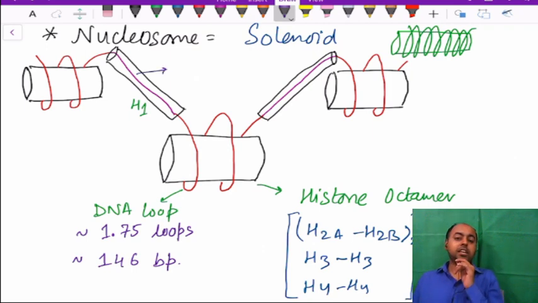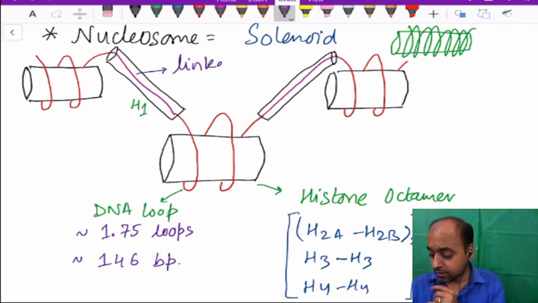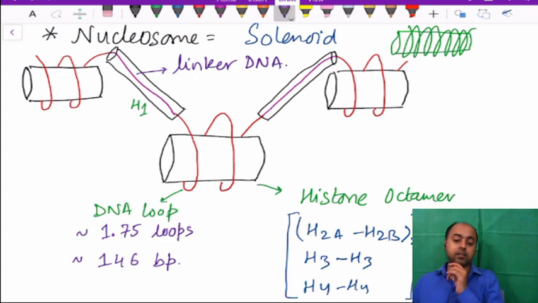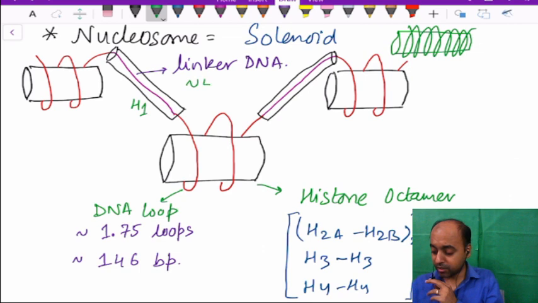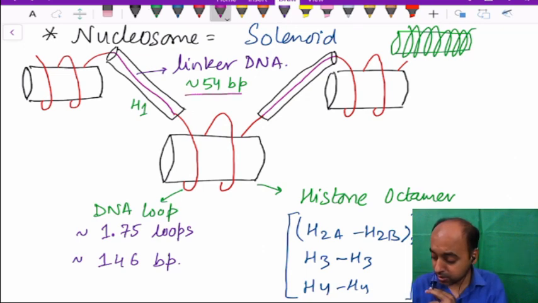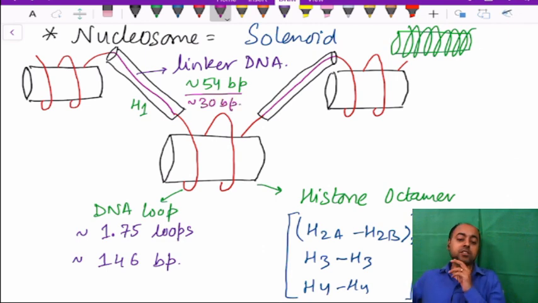The intervening DNA between the two nucleosomes is known as the linker DNA. Linker DNA is commonly described as having 54 base pairs, but in some books the value is mentioned as even 30 base pairs. Depending on the options, the preferred answer is 54 base pairs, but some books say 30 base pairs.